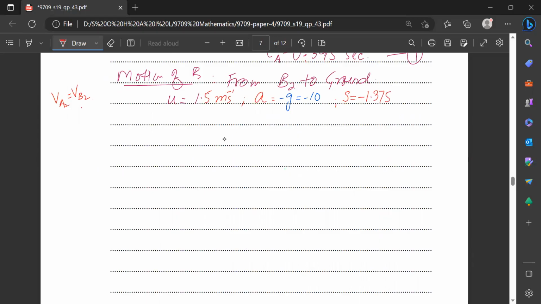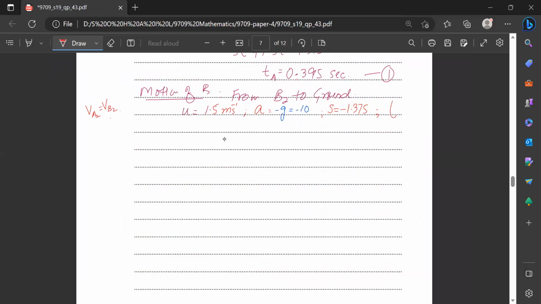1.375. Instead of finding the time to reach the maximum height and then coming from the maximum height to the ground, this is a shortcut. You take distance as negative because the initial level is above and the final level is below, and the particle is eventually hitting the ground. Time is the question mark, the time for B. Again, apply S equals ut plus half at squared.